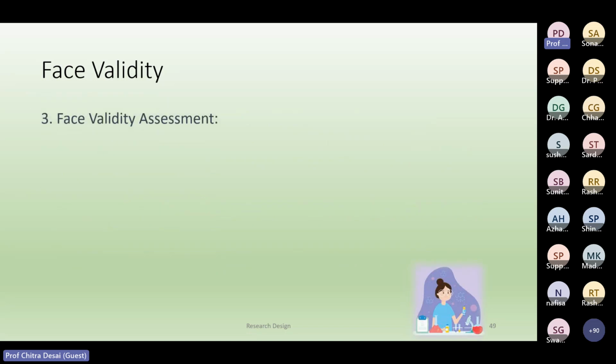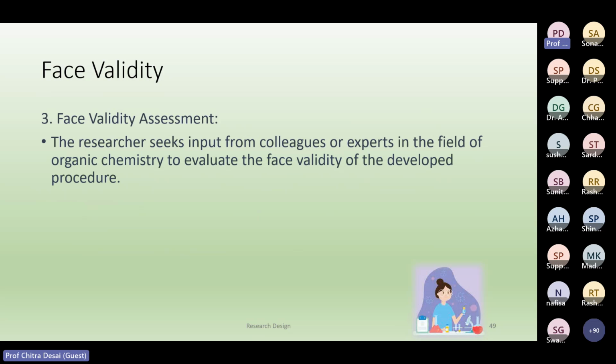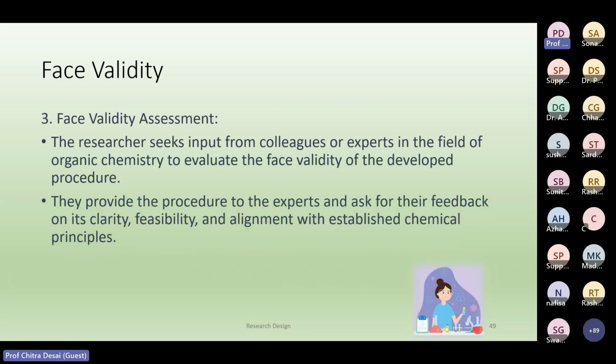Then perform the face validity assessment, which will help you seek input from colleagues or experts, because you are working on it, but there are a lot of people who work in that area and you need to take certain insight from them. They will provide expert remarks that give you clarity, feasibility, and alignment with established chemical principles.